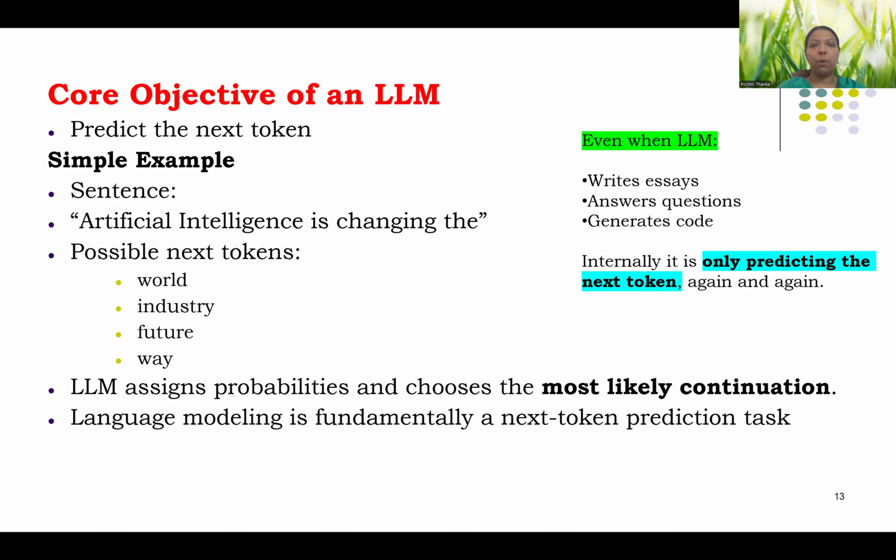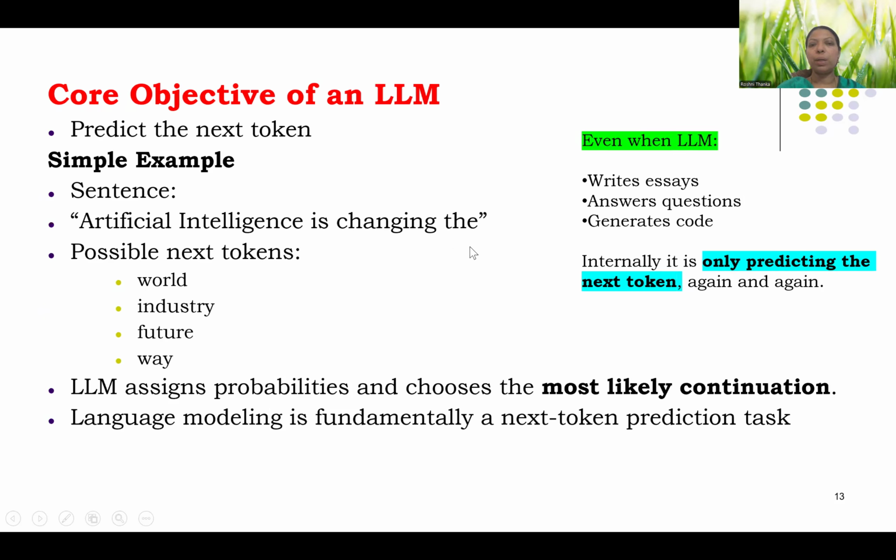The key point under that is that it is able to predict the next tokens in a sequence. For example, if I say artificial intelligence is changing the, what will be the next token coming after the? It could be world, it could be industry, future. So artificial intelligence is changing the future.